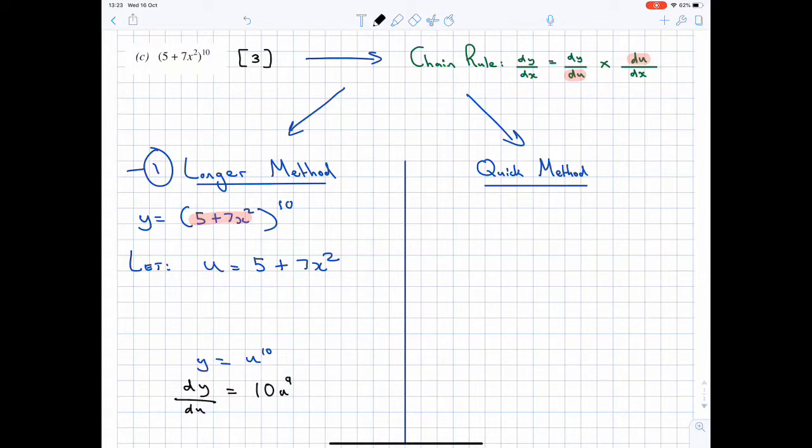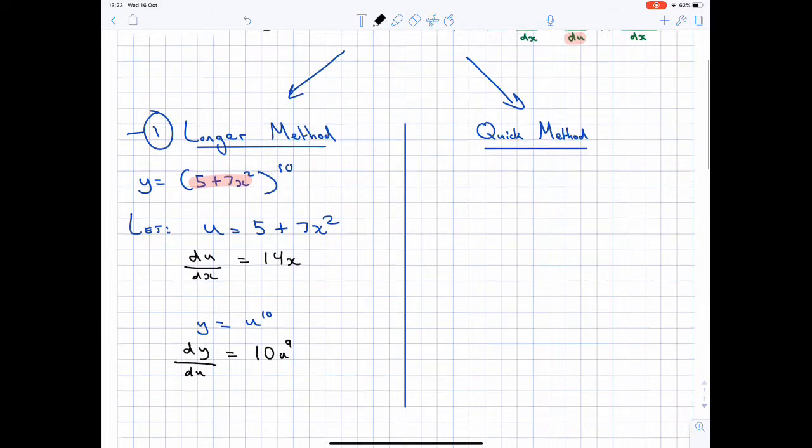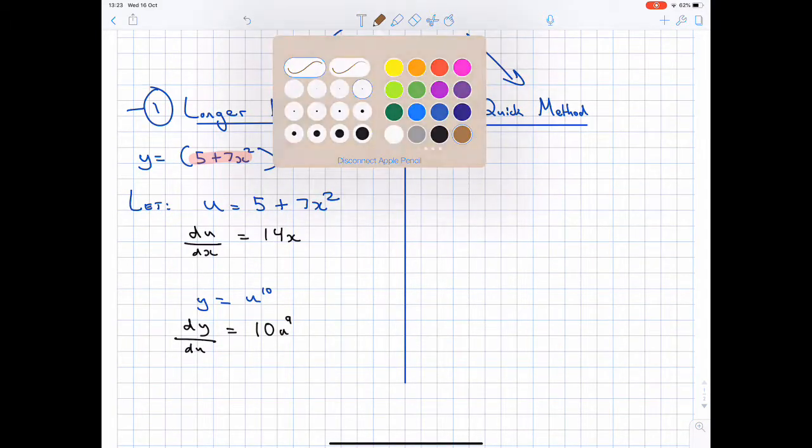So we've done the first part, dy by du. Now the second part is du by dx, and we obtain this by differentiating the first equation. The 5 is just going to disappear, and we've got 14x left here.